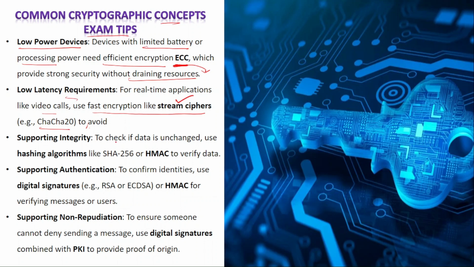Supporting integrity. To check if data is unchanged, use hashing algorithms, as we already studied in the previous slide, like SHA-256 or HMAC to verify data. Supporting authentication. To confirm identities, use digital signature, as we studied in the previous example.